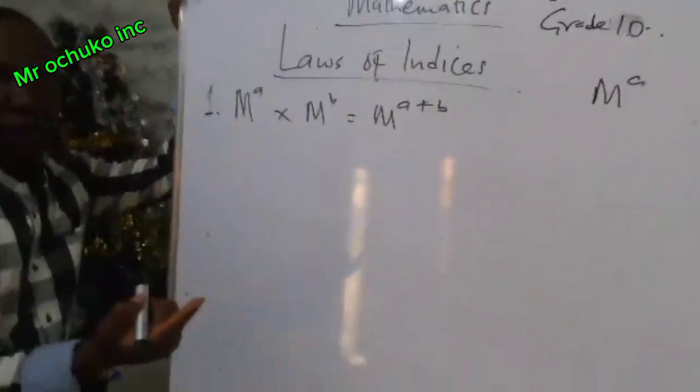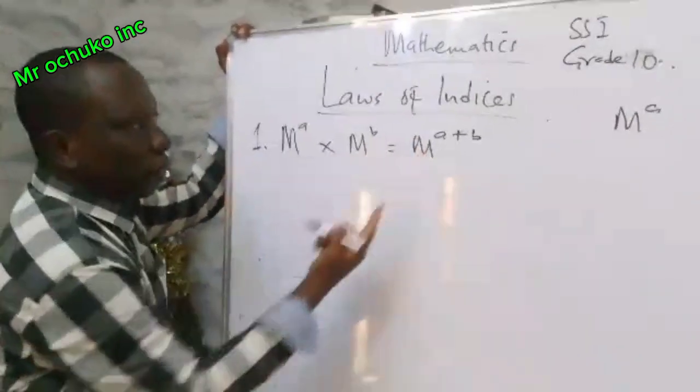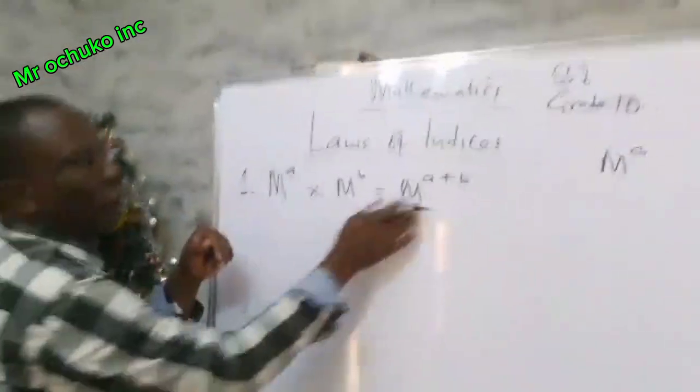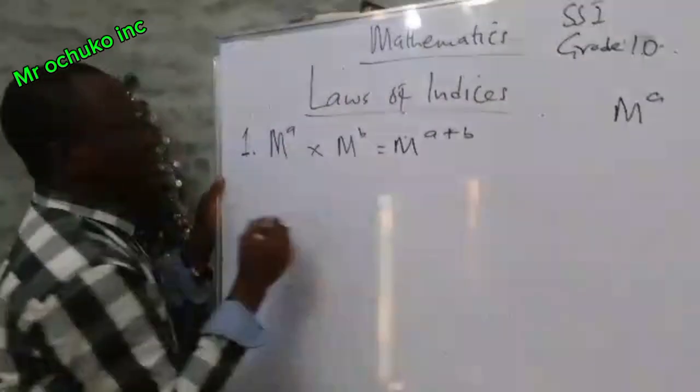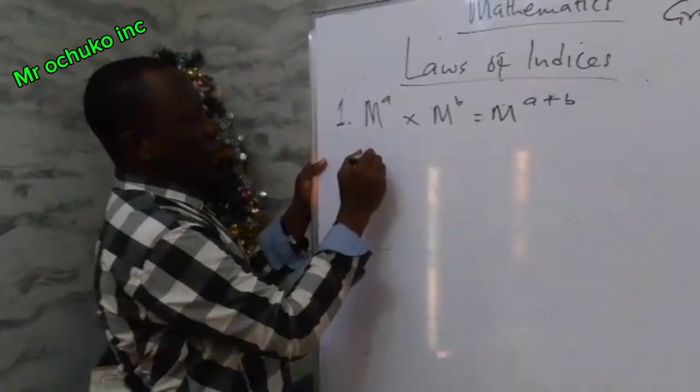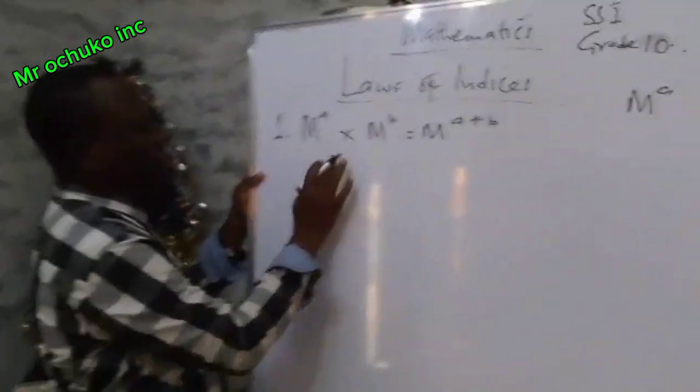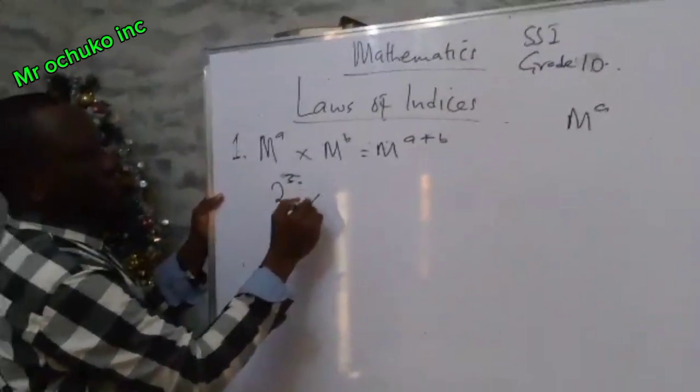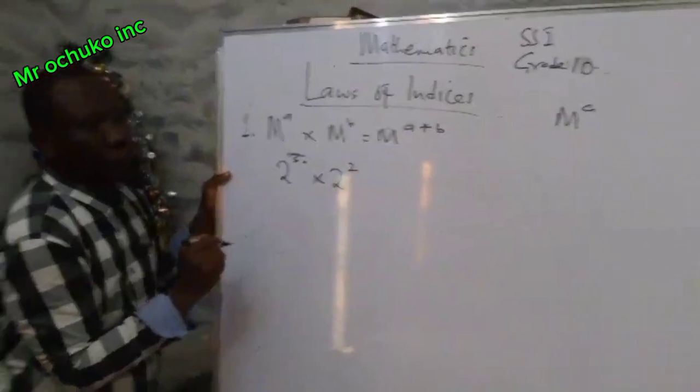How does it happen? Let us see an example of how we have something like that. I want to show you why this is the law. Assume we have 2 raised to power 3 times 2 raised to power 2.